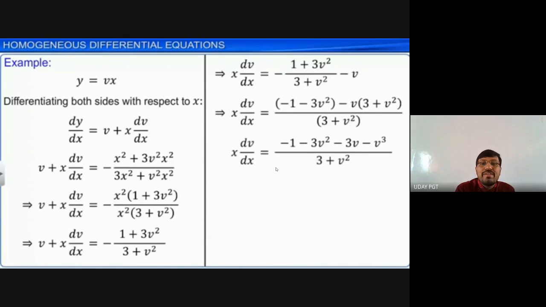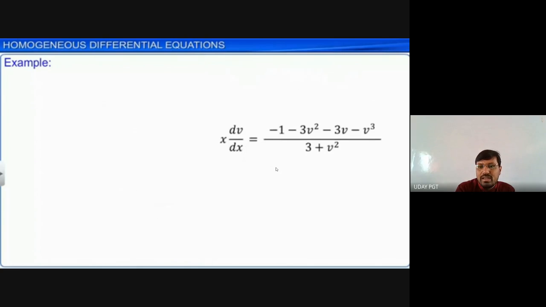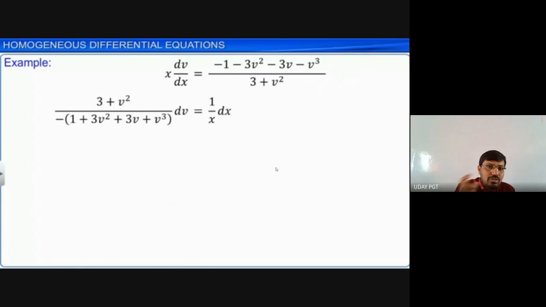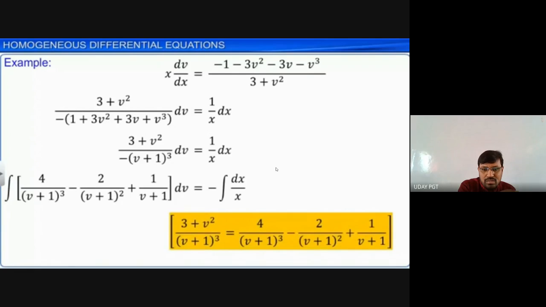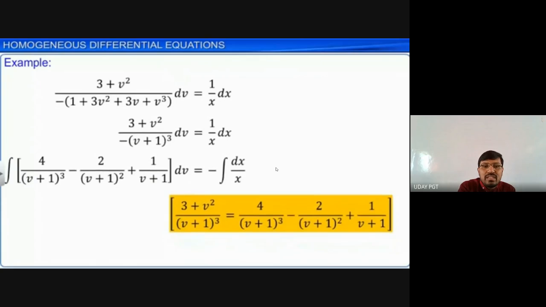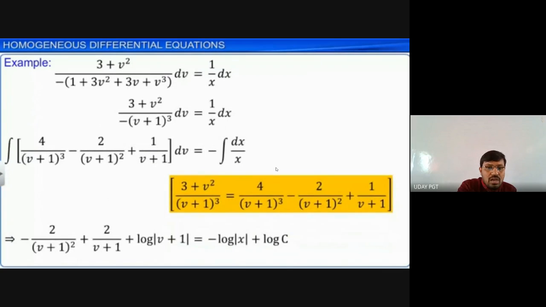This is transformed again by the variable separable method. See here, all the v's are together, so whatever v we have is transformed to the left side. Now you need to apply the different methods you have learned to do the integration. The numerator's degree is lesser than the denominator's degree on the left hand side.